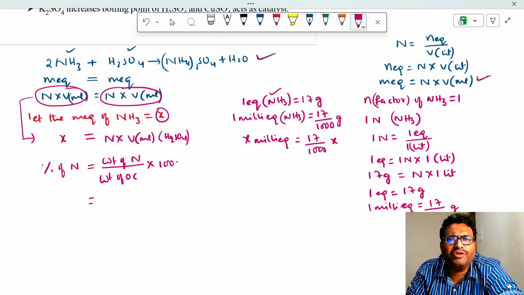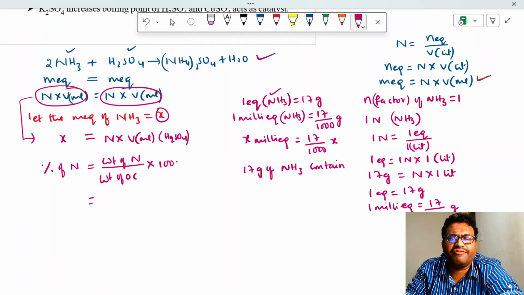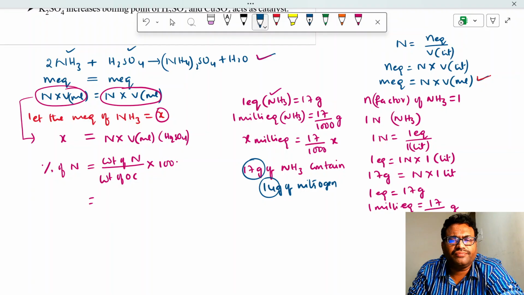But we want only nitrogen. 17 grams of NH3 contain how many grams of nitrogen? 14 grams of nitrogen. So we want only these 14 grams. We don't want 17 grams. Right? So instead of 17 I can write 14 because we want only nitrogen.